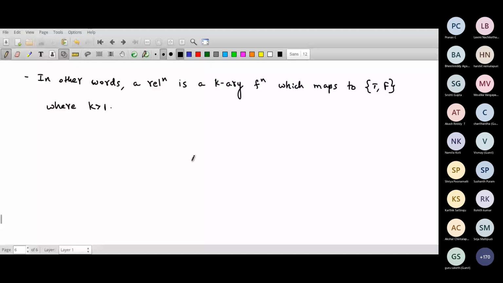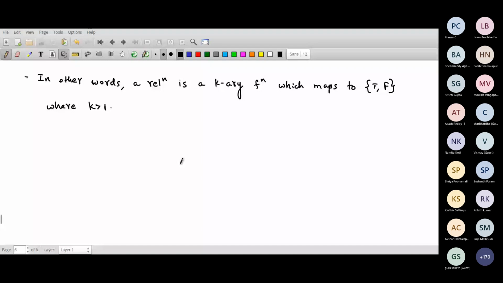Okay. So the only difference between the predicate and a relation is a relation is also a function whose range is true or false, but it is not a unary function. It has to have minimum 2 arguments. It should have 2 or more arguments.